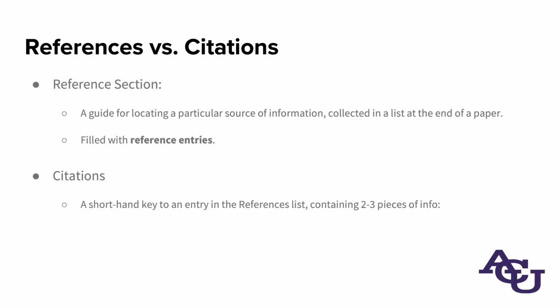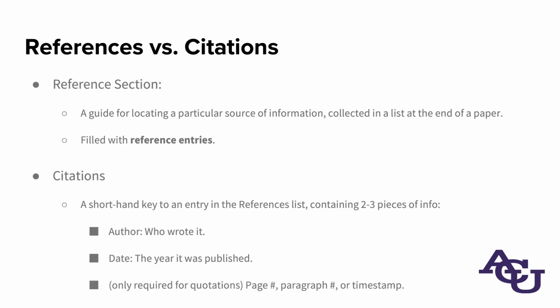Now, citations are a shorthand key to finding information in that references list that will have 2 or 3 pieces of information. Who wrote it, the year it was published, and if you're quoting, a page number, a paragraph number, or a timestamp. So timestamp you'd use if you had, say, a video or an audio file, you were indicating the exact place there.